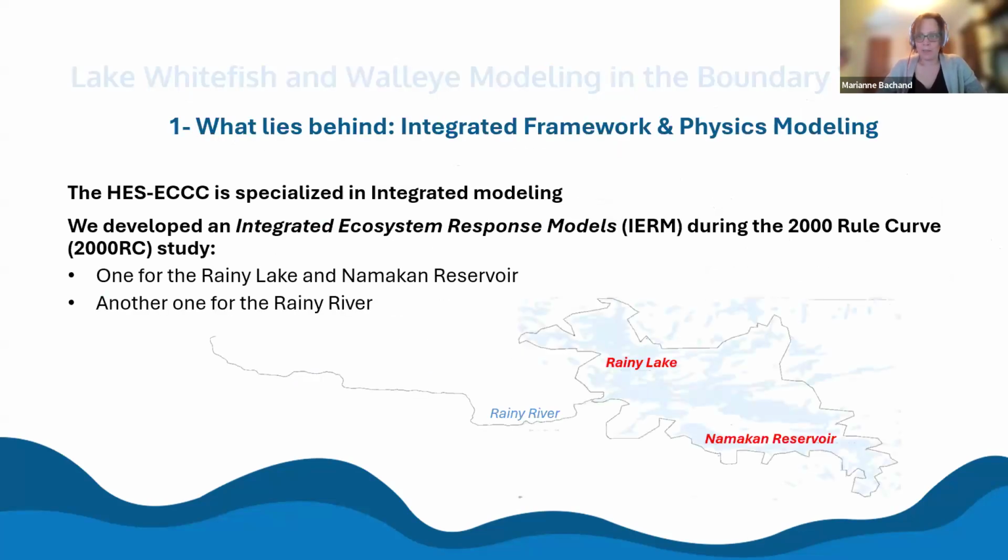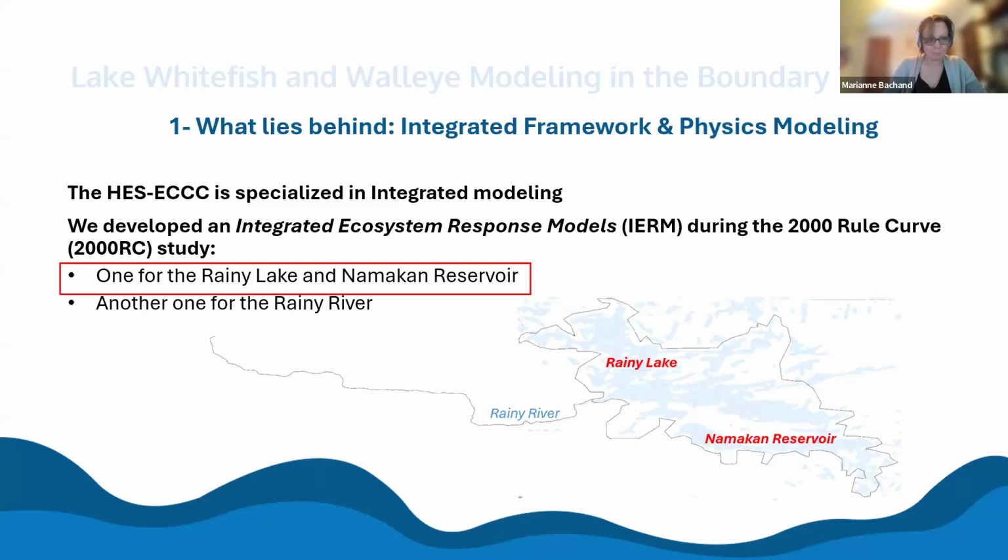So our team in Quebec City is called the Hydrodynamic and Ecohydraulic Section. We are specialized in integrated modeling. So during the last rule curve study, we developed a system called the Integrated Ecosystem Response Model. We developed 2 systems during the study, one for the Rainy River, but today we're going to focus on the one we developed for Rainy Lake and Namakan Reservoir.